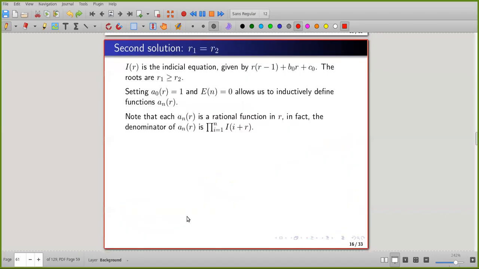Note that each a_n(r) is a rational function in r. In fact, the denominator of a_n(r) is the product for i equal to 1 to n of I of i plus r. A rational function just means a ratio of polynomials.